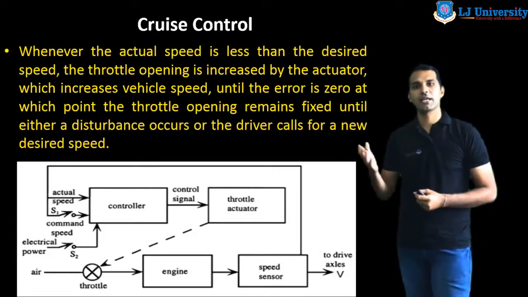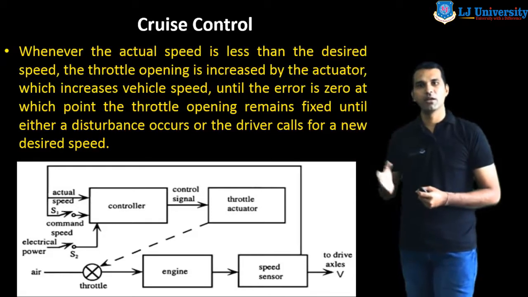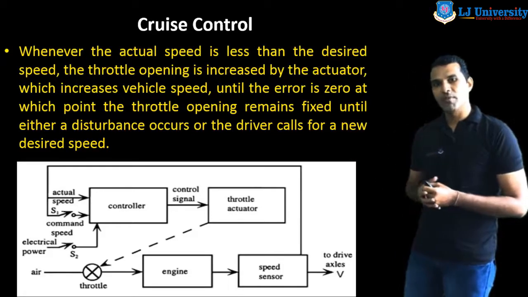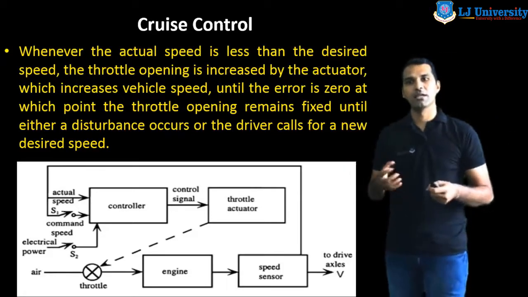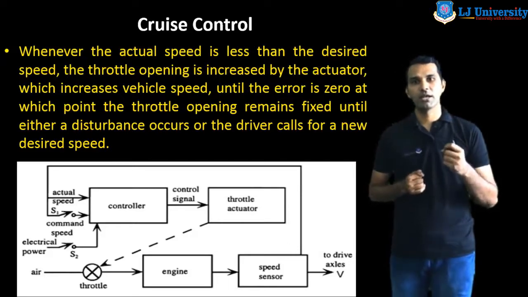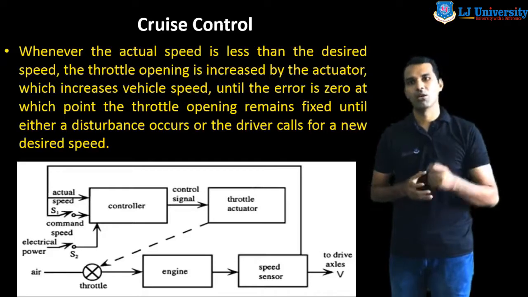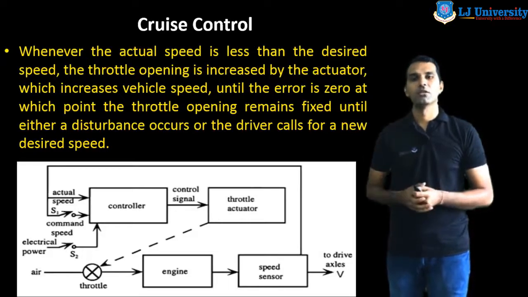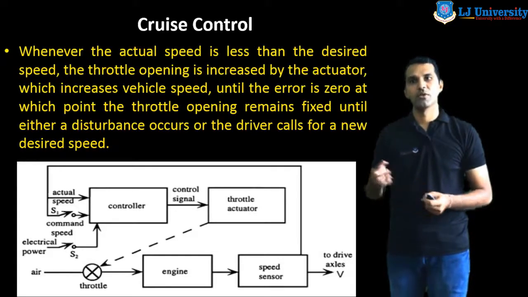That means this setting remains, but is changed if the driver changes the desired speed setting, like from 70 km per hour to 80 km per hour, then the setting is also changed. So this is the cruise control.